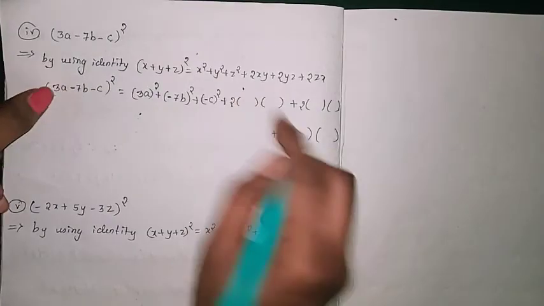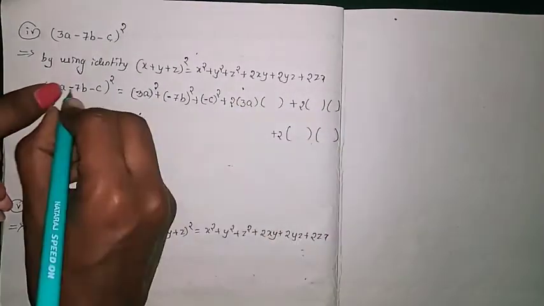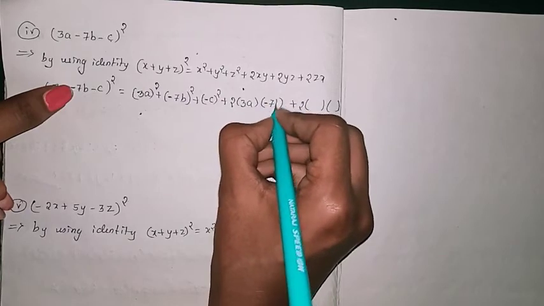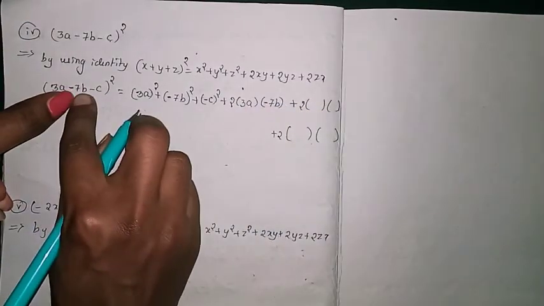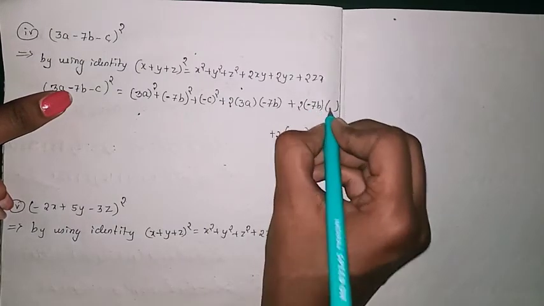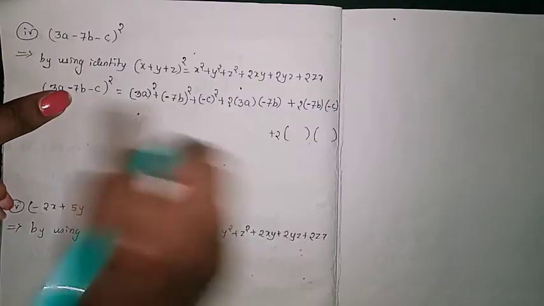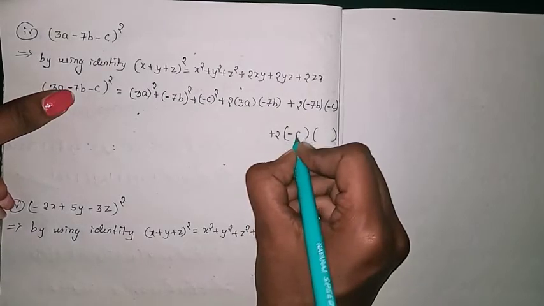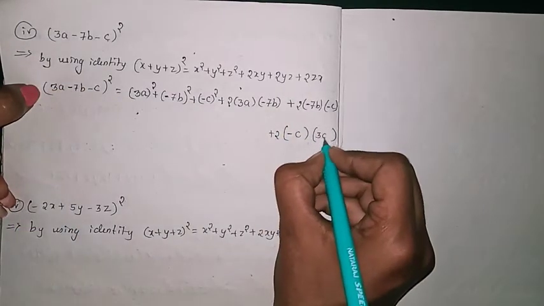So the first term is 3a and the second term is minus 7b with a sign you have to write, and now the second term and third term, so it is minus 7b and minus c, and now the third term, that is minus c, and the first, that is 3a.